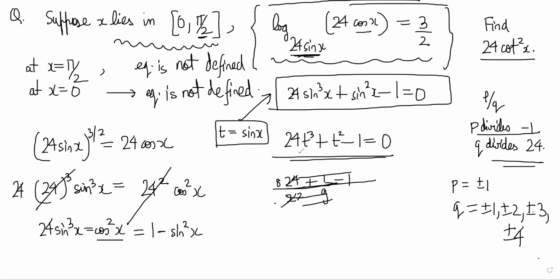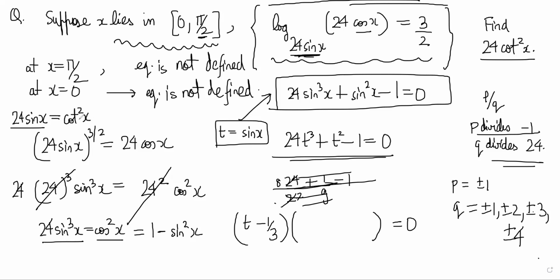So if 1 by 3 is a root, you can factorize it and take t minus 1 by 3 common, right? Sir, we can do even one more thing. We have 24 sin cube x equals cos square x, so we have 24 sin x equal to cot square x, correct?